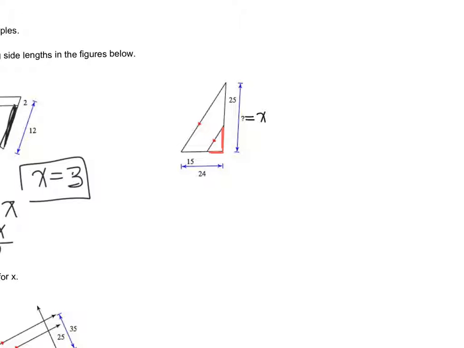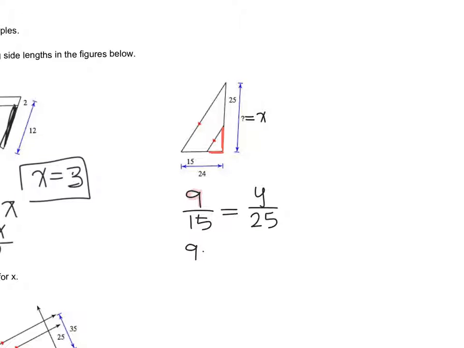So we know the entire length is 24, which means this portion at the top is going to have a length of 9. So we know 9 over 15 has to equal, now we don't have enough information to find that small portion, so I'm going to call it y over 25.